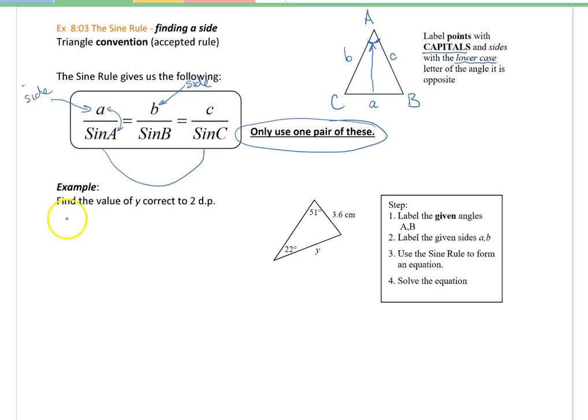Okay, let's have a look. Just before we do, you can see that if I write the rule a on sine A equals b on sine B, using just the first two, there are 1, 2, 3, 4 components to that equation, 4 things. Now what do we know for it to be an equation we can solve?